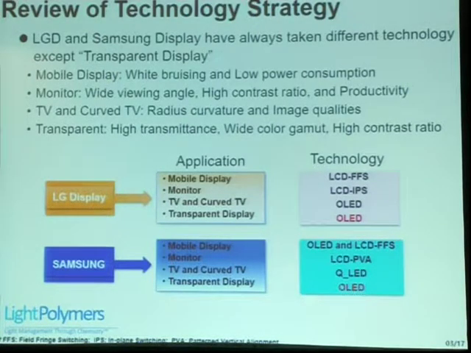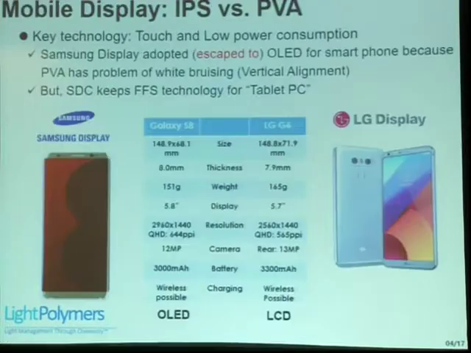And in the case of the curved TV, I think LG Display is focusing on OLED TV. Samsung is focusing on QLED. So we don't know which will be the winners in the future. We will see what happens.